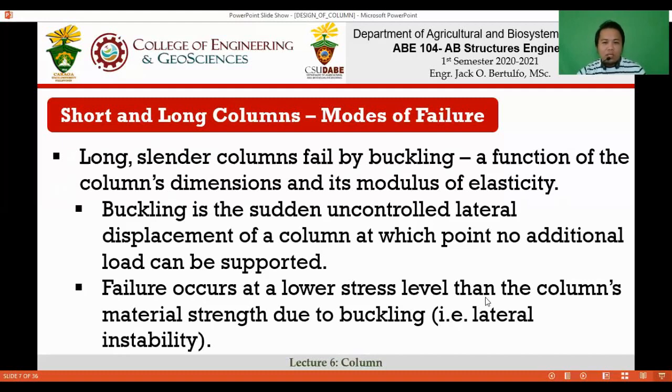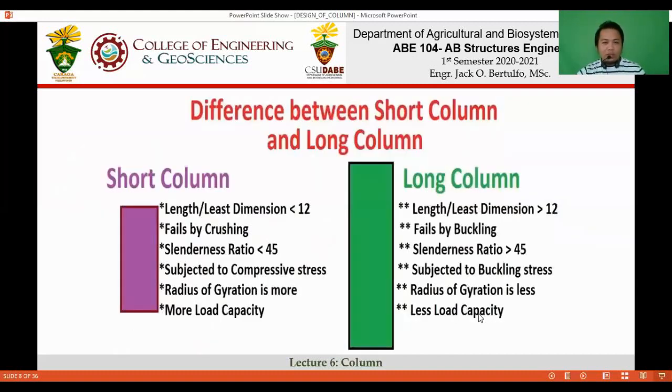So in designing, you will consider these two, the crashing failure and the buckling failure. So this is the summary of the difference between the short column and long column. Other books are using a different numerical value for this length dimension, especially for this slenderness ratio.